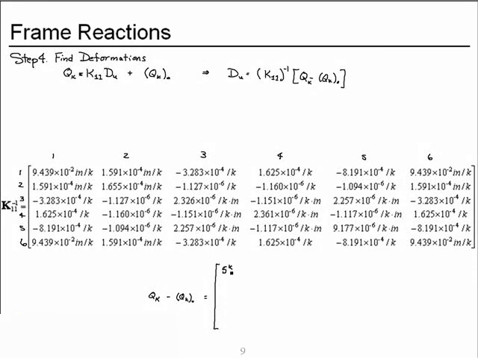So we have 5 kips, 0, 0, 0, 0, 0, and minus 0, 12 kips, 24 foot kips, and minus a negative 24 foot kips, 0, and 0.